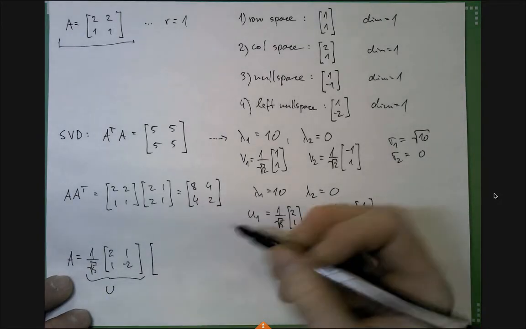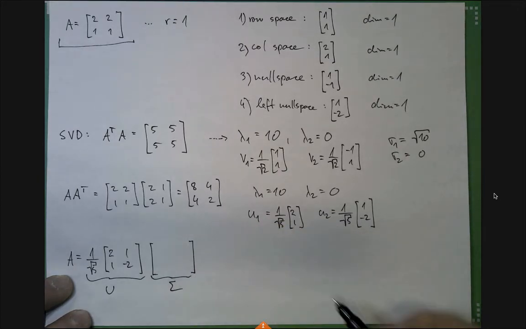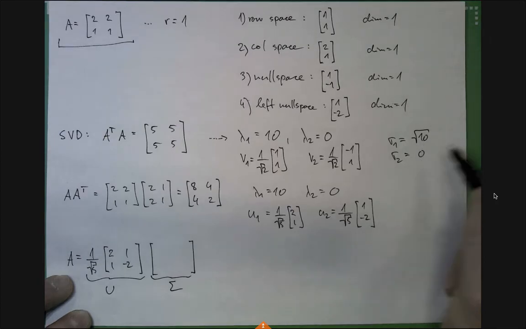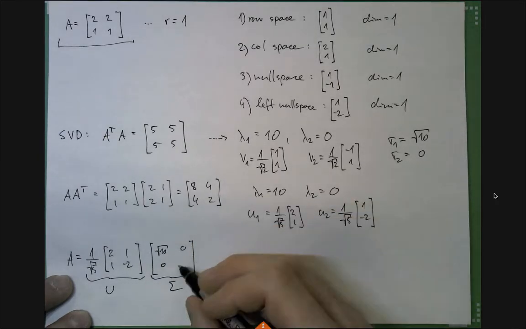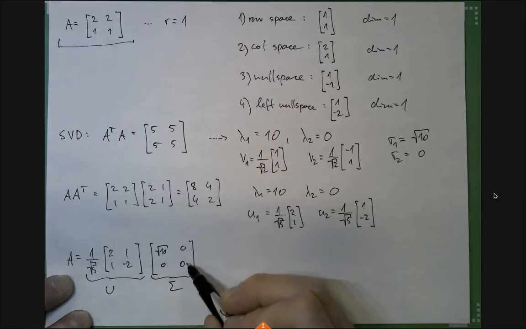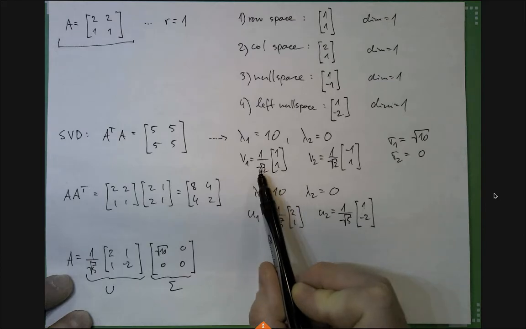Now, what is going to be in the sigma matrix, the matrix of singular values? Sigma 1, which is square root of 10, then 0, 0, and this is sigma 2, that's the 0 here. And finally, the most interesting part, V transposed.